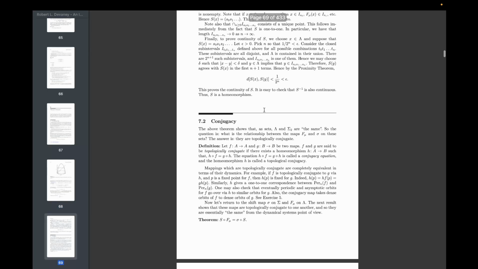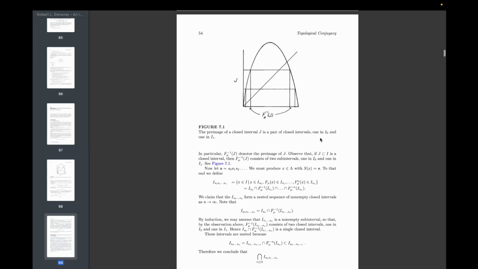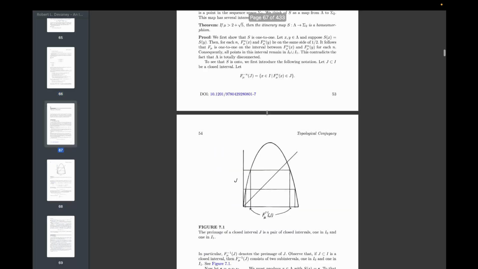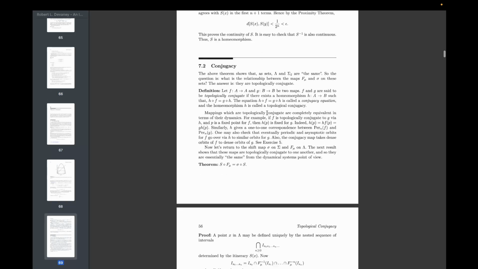Let me try to find it. Two systems are topologically conjugate if there's a homeomorphism. And the homeomorphism that they alluded to was actually sigma, which is the left shift that removes the first term.